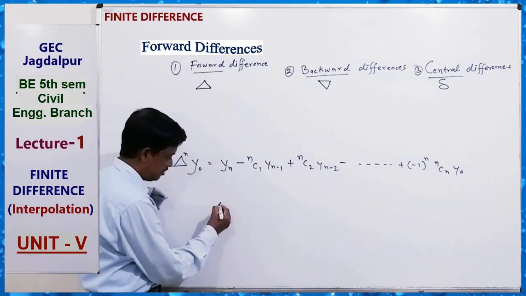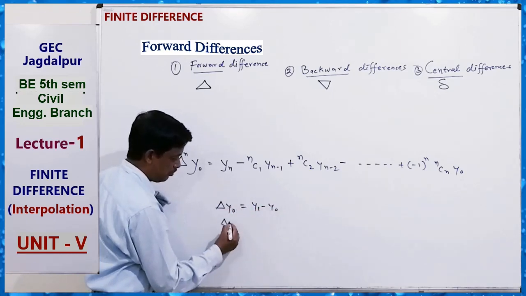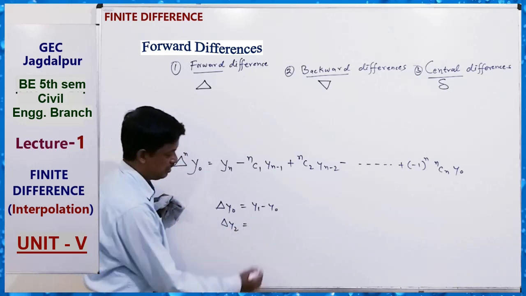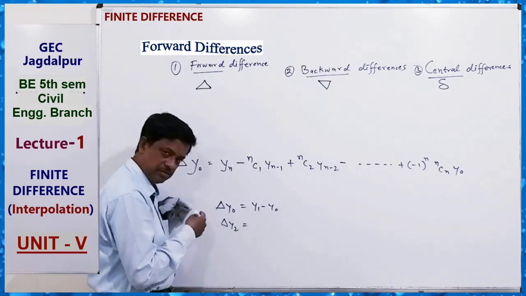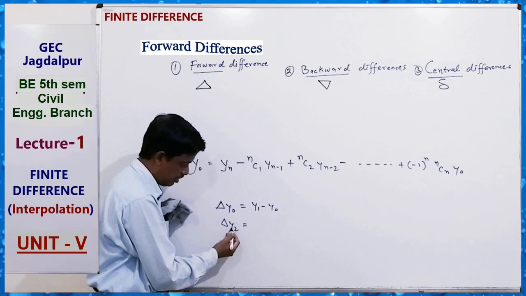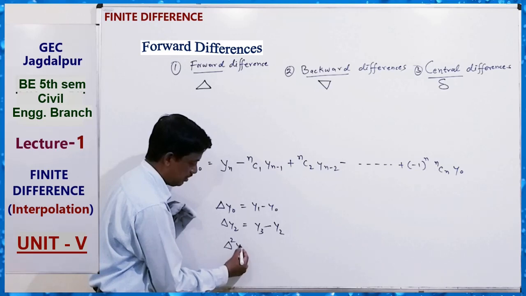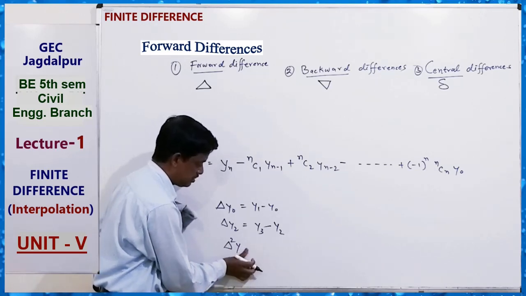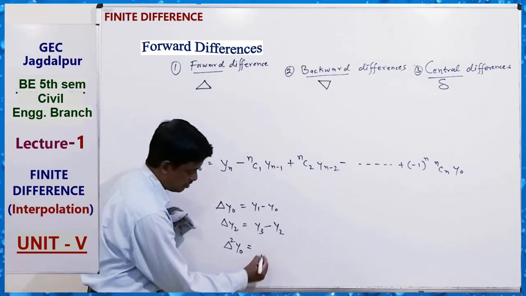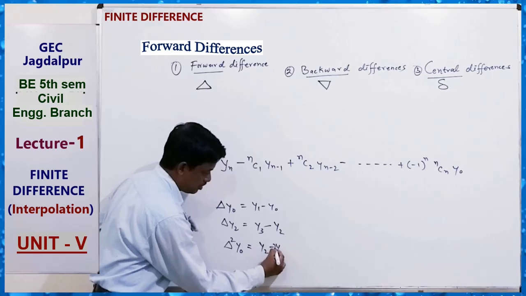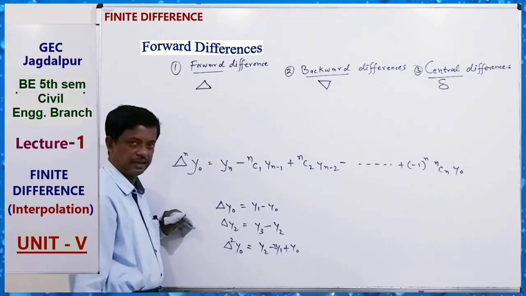Also remember, Δy0 equals y1 − y0. The second order difference at y0 is y2 − 2y1 + y0.